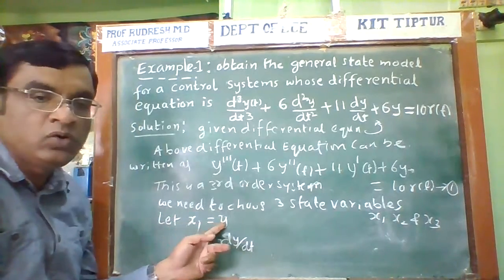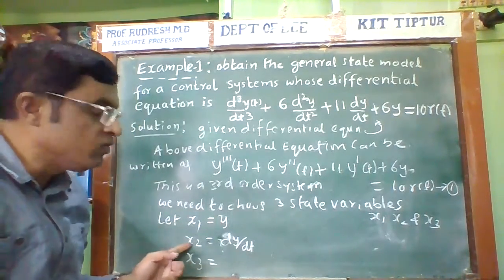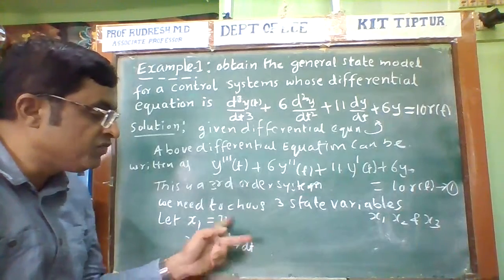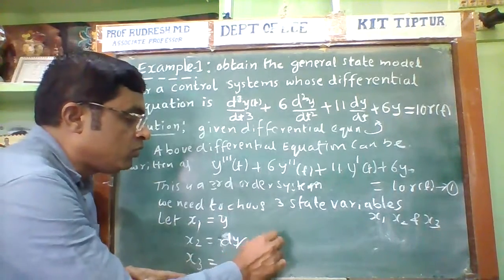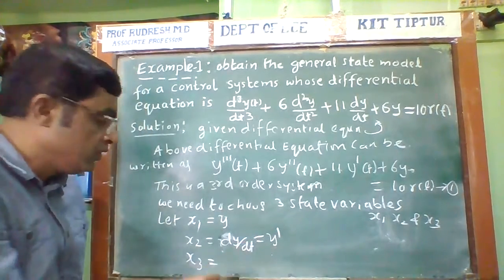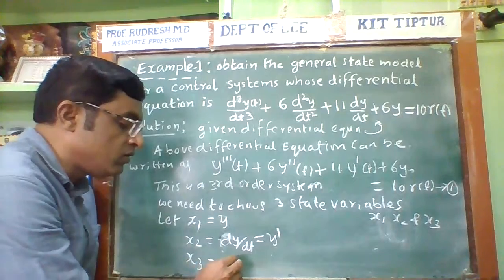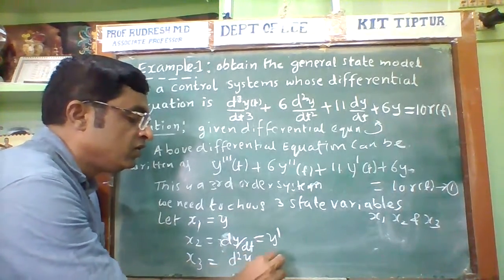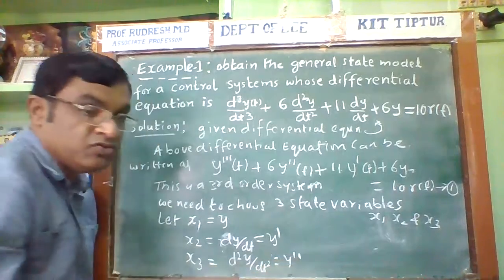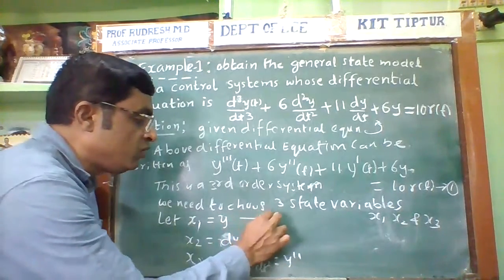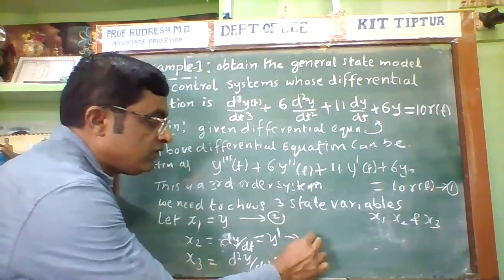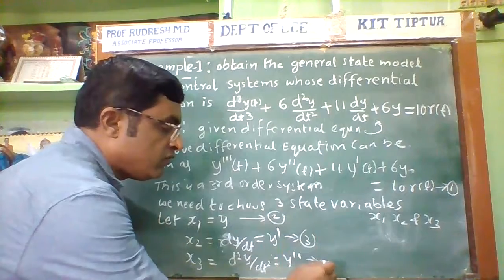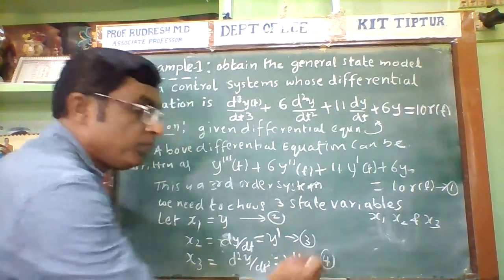So x1 is equal to the output, and x2 is a state variable equal to the first derivative of the output, that is y dash. Then x3 is the second derivative of the output, which can be written as y double dash. These are equations 2, 3 and 4.